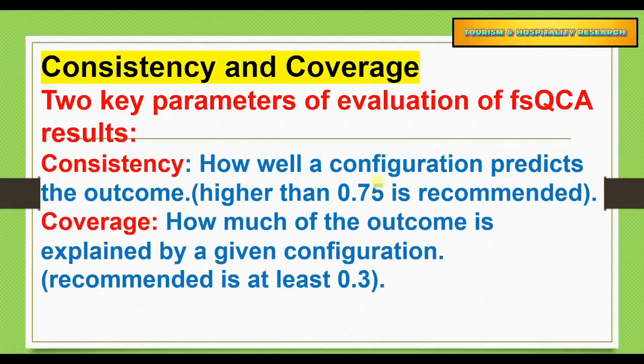You might like to refer to the book by Professor Charles Ragin, which tells us about these thresholds. Coverage is how much of the outcome is explained by a given configuration. And the recommendation is at least 0.3, though some researchers take it to be 0.5 also.